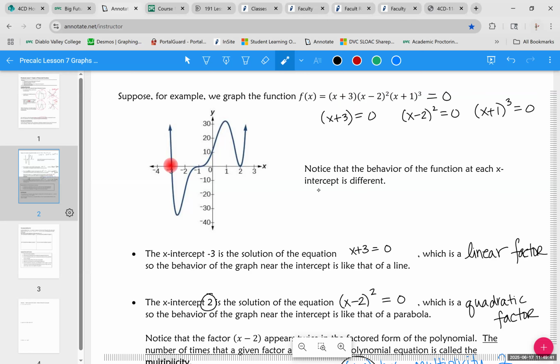So I can kind of see in my graph, I have 1, 2, that doesn't really look like a turning point, does it? That's not a turning point because it doesn't switch from going down to going up. It just goes down more. So I have 1, 2, 3 turning points, but it's a 6th degree polynomial because some of these turning points have different behaviors.